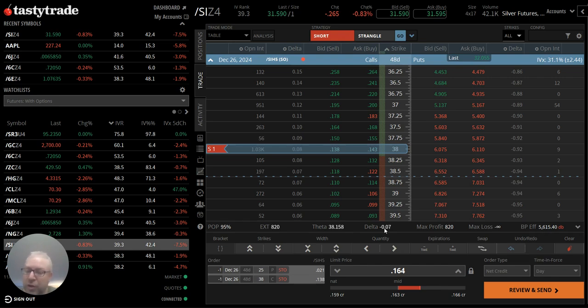You have so much extreme to both levels that the ideal goal is for silver to not do that and collect $820 in the process with 95% chance that this option will expire worthless.